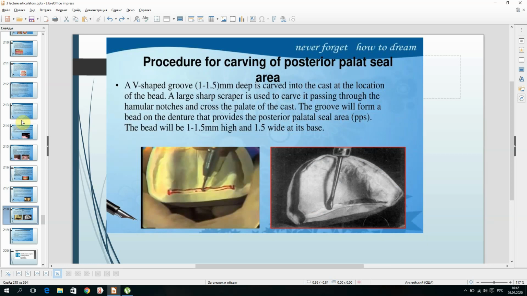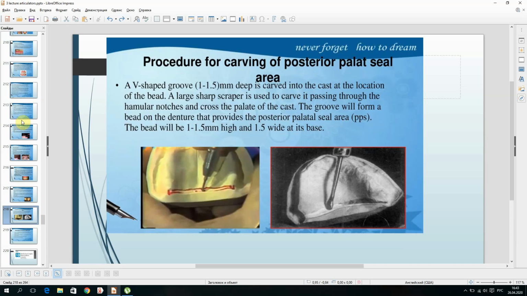Procedure for carving of the posterior palatal seal area. A V-shaped groove 1 or 1.5 mm deep is carved into the cast at the location of the bead.